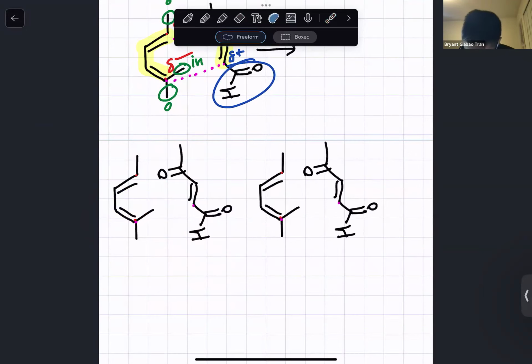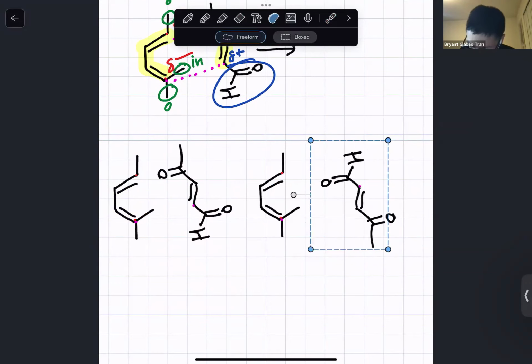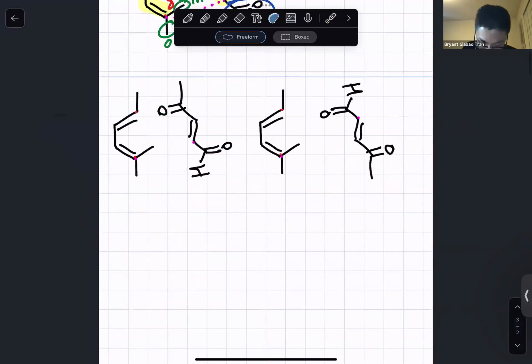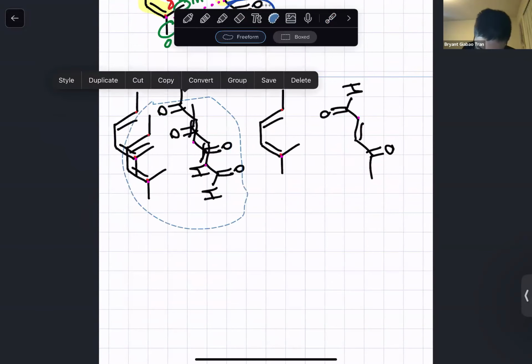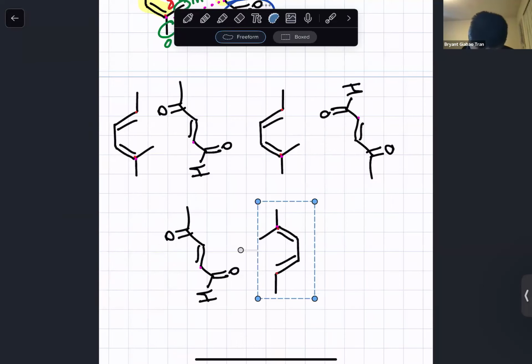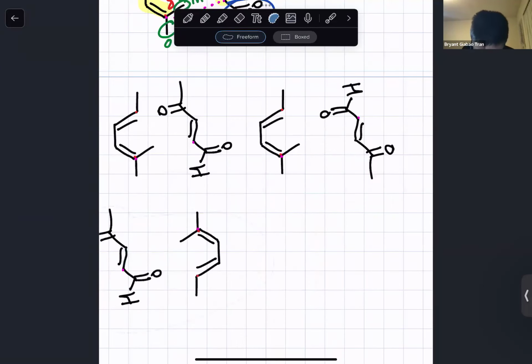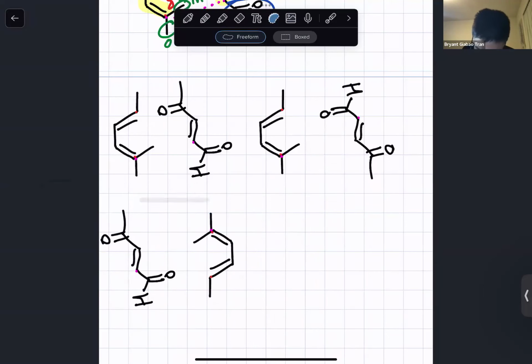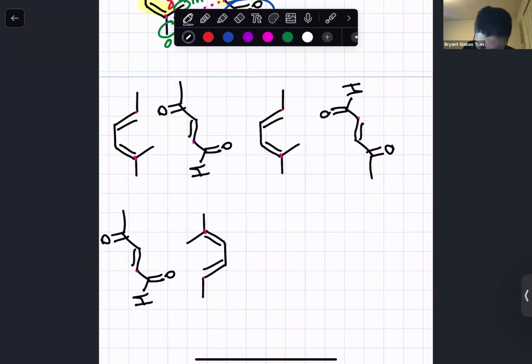The other 2, if we flipped the dienophile upside down like that, that's another set of 2. The other set of 2 is, let's say we flip this diene upside down like that, where the pocket between the diene and dienophile is now here.